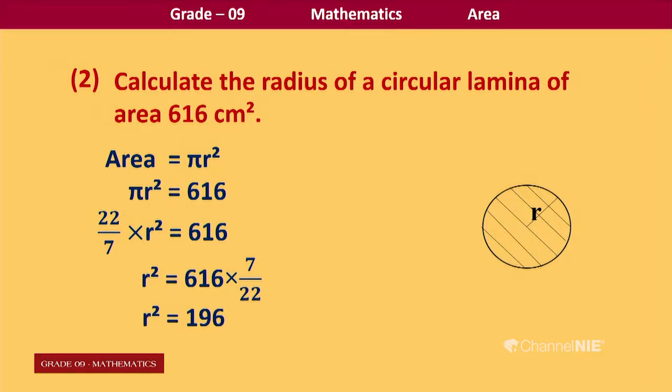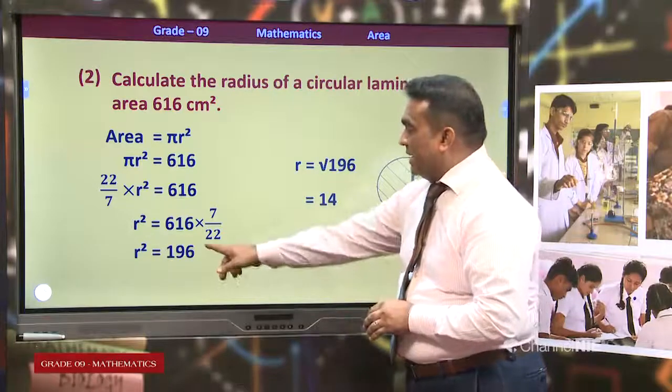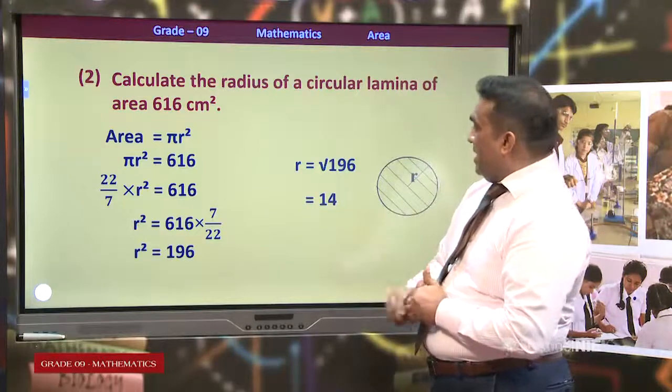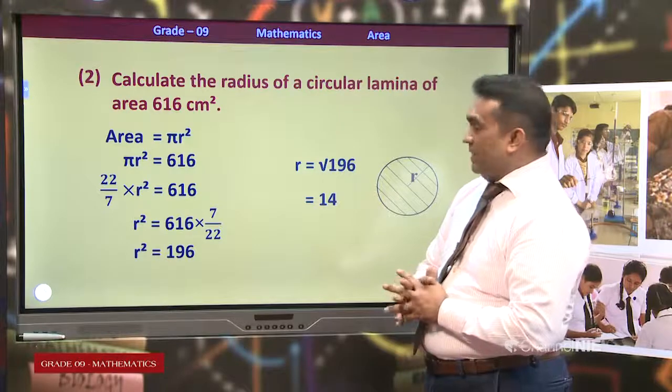We know that 196 is a square number. What is that square number? 14. It means finding the square root of both sides, you can find the radius as 14 centimeters. r squared equals 196, r equals square root of 196.